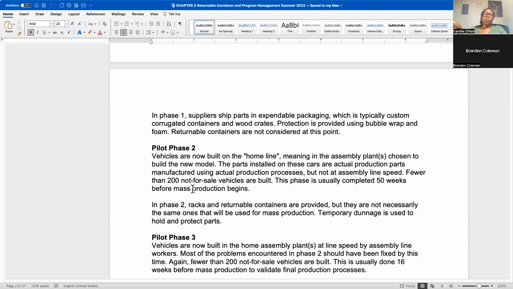So one of the challenges that I've seen, so keep this in mind, is that from a packaging standpoint, you might be waiting for the final product, a drawing or a sample, and it may be really hard to get certain parts because they'll change them up until the final production launch.